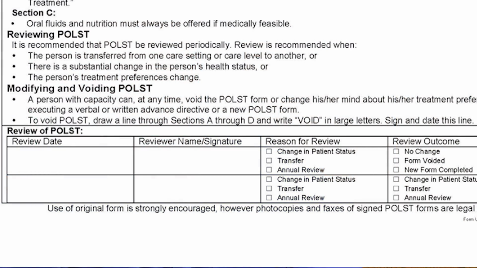One addition to the form that was made during the legislative process was there's a checkbox now that says that the patient can check and say, if I get to a point where I'm not able to make my own decisions, I do not want this reversed.